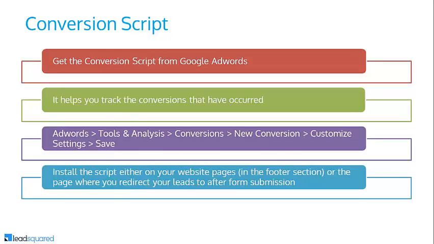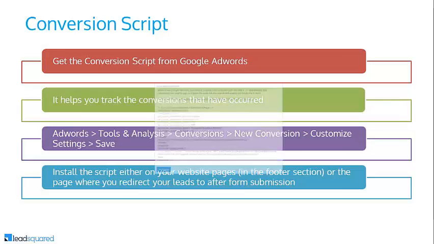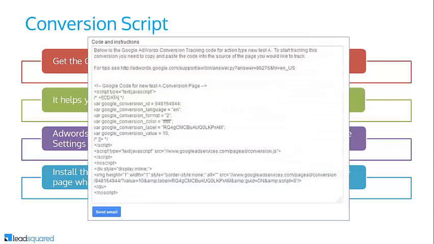You can copy and paste it on your website, or you can paste it on the page that the user is taken to, or lands on, after he or she submits the form. It can be the thank you page, or if you want your visitor to fill up the form and go directly to your website, you can put the conversion script in the footer section of the web pages. Right? This is how the conversion code looks.